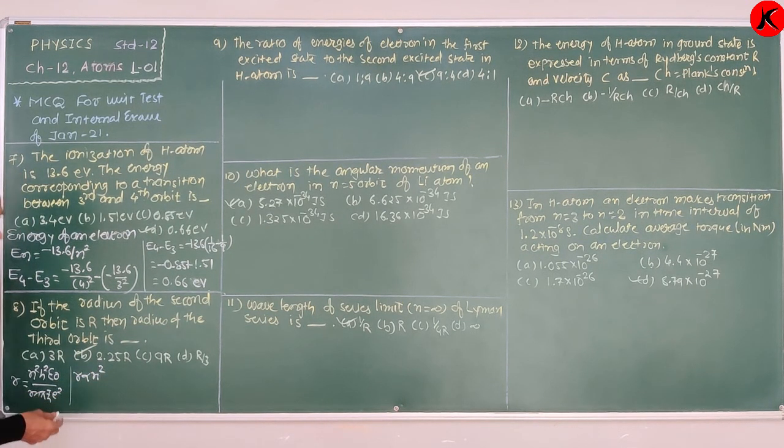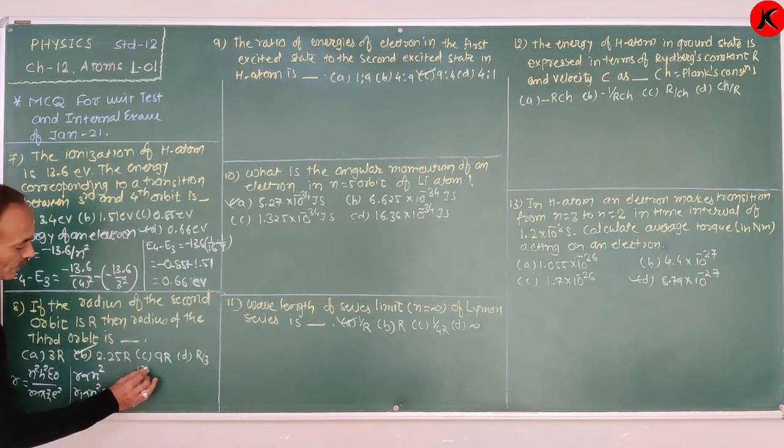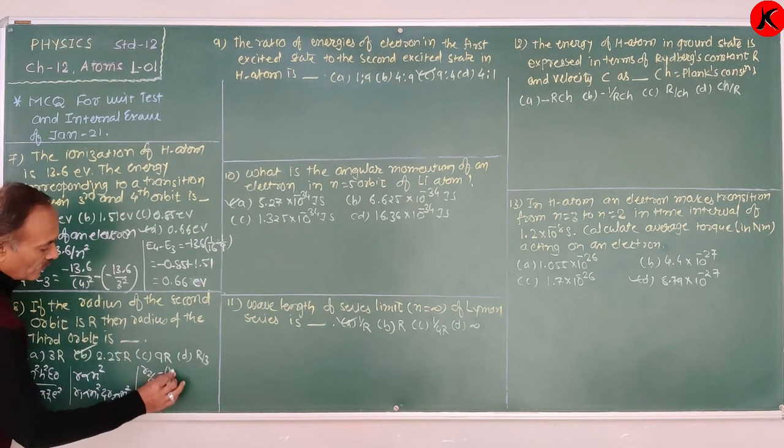Therefore, R1 is proportional to n1 square and R2 is proportional to n2 square. Therefore, the ratio of the radius R2 upon R1 is equal to n2 square upon n1 square.